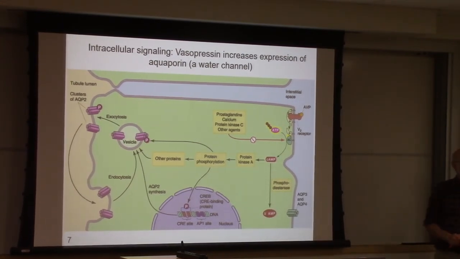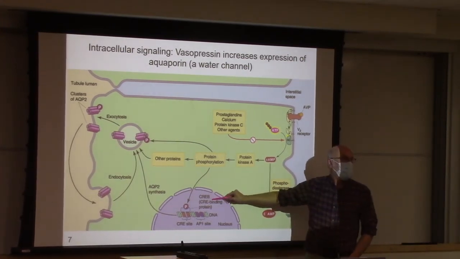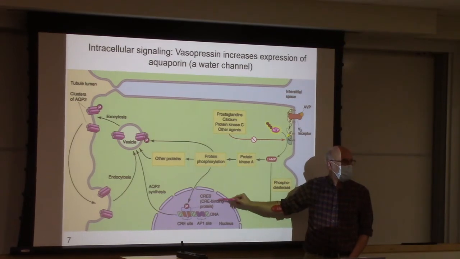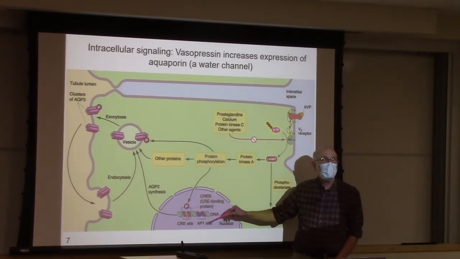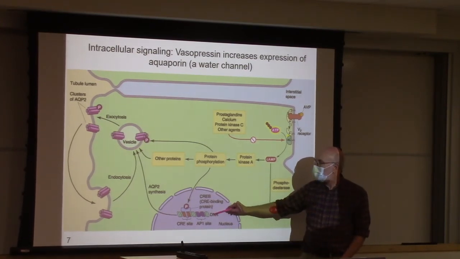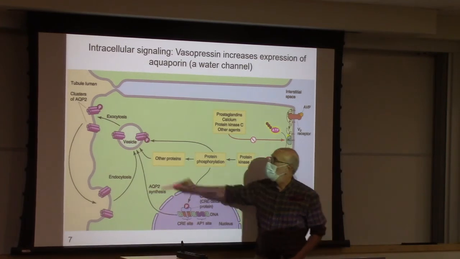Can you repeat what you said about CREB? CREB is a transcription factor that is activated by PKA phosphorylation. There are CREB response elements that increase the expression, the transcription and translation, of aquaporin.